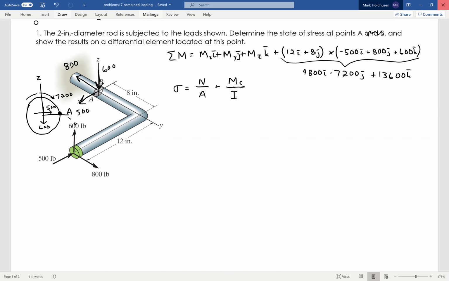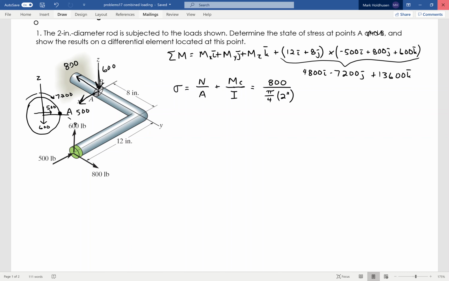So in tension, it's going to be positive. So N is going to equal 800, and the area, this is the area of a circle, is just going to be pi over 4 with a diameter of 2. And that's positive because it's in tension. I've got a tension with regards to the normal force.